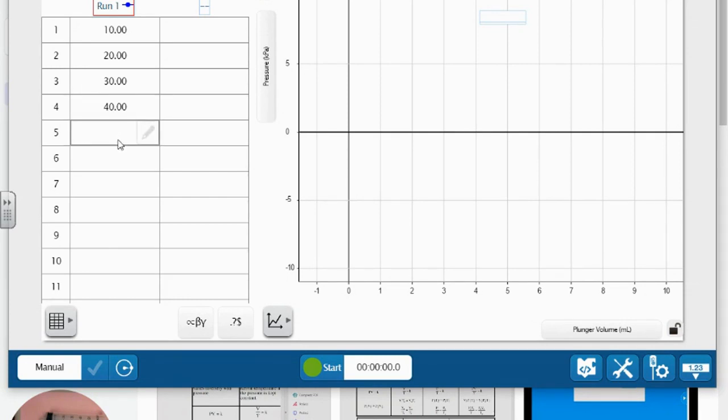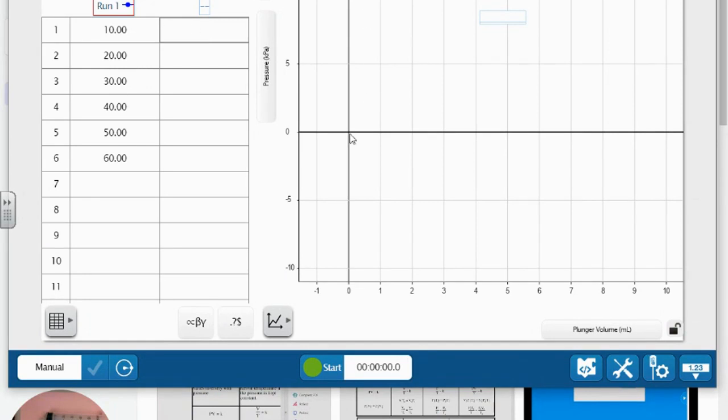And I'm going to stop at 50. I could go all the way to 60, but that's not necessary. I think we can do that with 5 data points. Oh, what the heck. Let's go ahead and put 60 in there. Make it an even 6. All right, so those have been manually entered, and when I push the start button, it's going to measure pressure for us. All right, so let's go ahead.